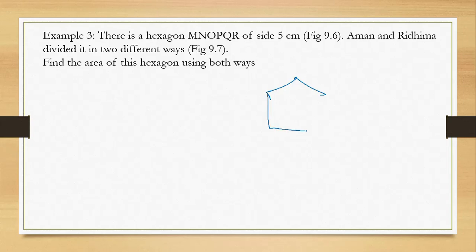we divide the hexagon into three parts, that is one triangle, another triangle, and a rectangle.